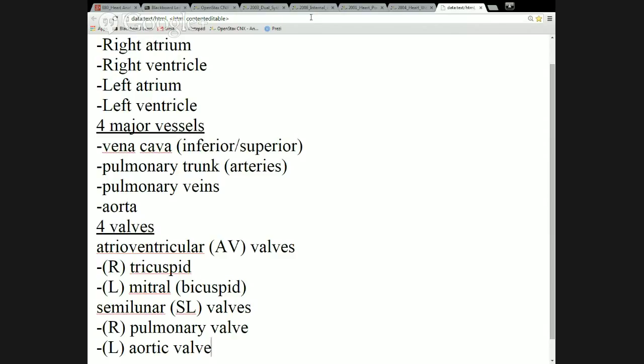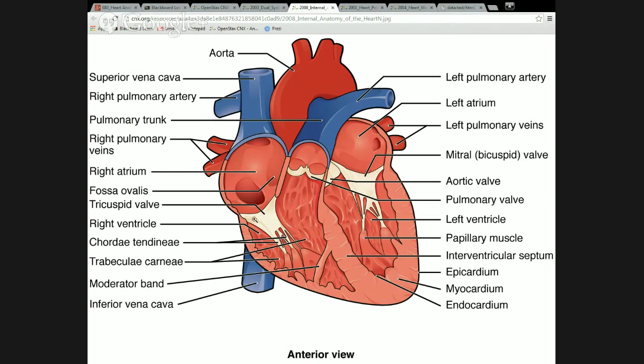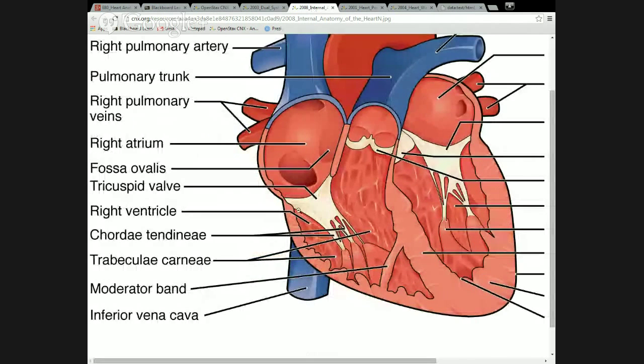Now, going back to this picture here, the AV valves we see here and here, the tricuspid on the right side, the bicuspid or mitral valve on the left side. And then the semilunar valves we see here, the pulmonary valve going into the pulmonary arteries and the aortic valve going into the aorta.